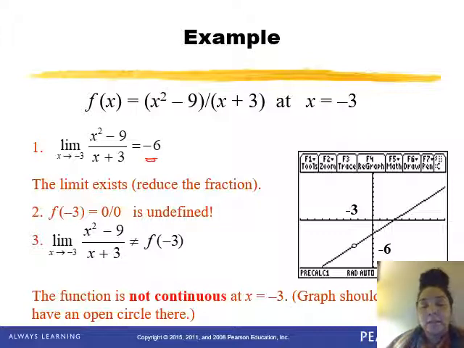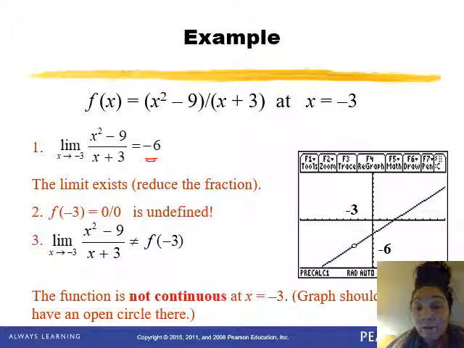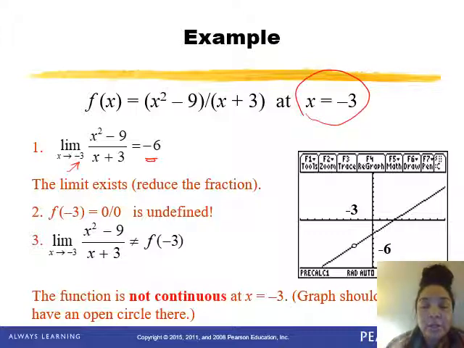negative 6. And if you can remember for limits that maybe do not exist, because if you were to plug in x equals negative 3 into this function, that limit would not exist. So how did they come up with negative 6? Well, if you can remember, you can factor this difference of squares, and this factors into x plus 3 times x minus 3, all over x plus 3.